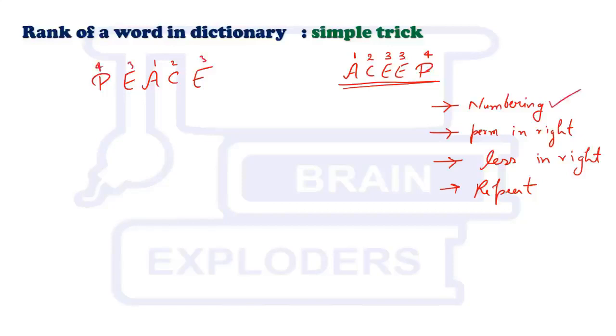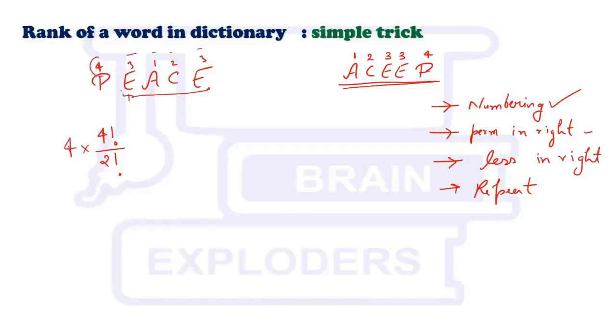Now permutations in right. In the right of P, how many letters are there? There are 4 letters. How many permutations are possible? 4 factorial, but see that 2 of them are repeated, so we will use 2 factorial in the denominator. Second step is done. Now less in right, count all those values which are less than 4 in its right, means 1, 2, 3, 4. 4 values are there which are less than 4.